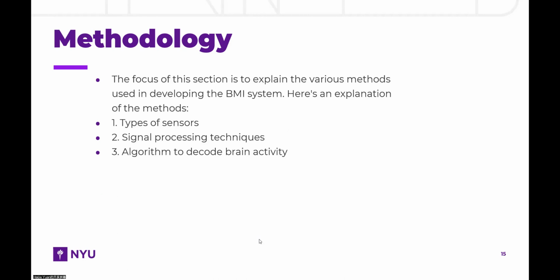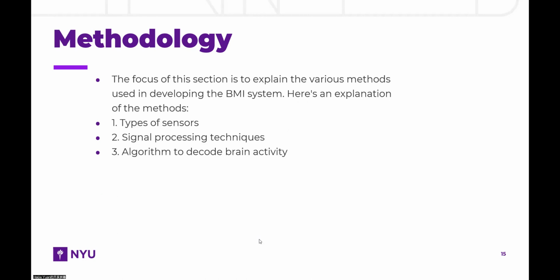In addition to this, advanced techniques such as time frequency analysis or machine learning algorithms can also be used to enhance the signal quality and extract useful features for further analysis.